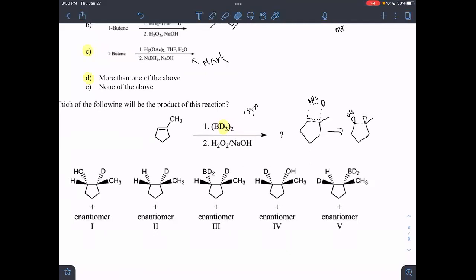No, it's not an OD because we have the NaOH. So the only D is going to be in the square on the first step. Right, okay, so that's what I got, plus the enantiomer. Yeah, that's number 1. Yep. Perfect. Nice.